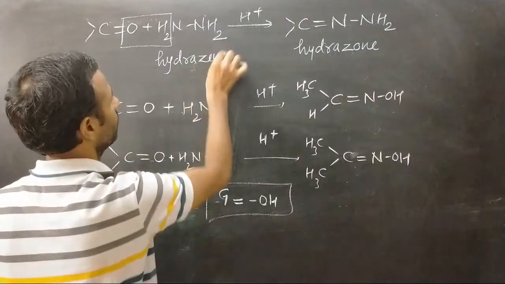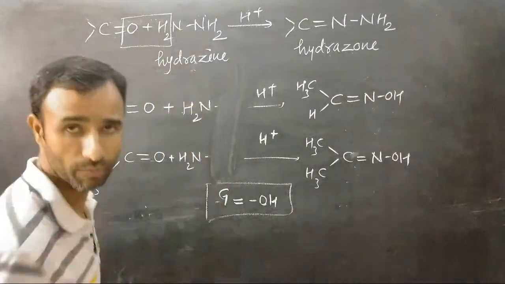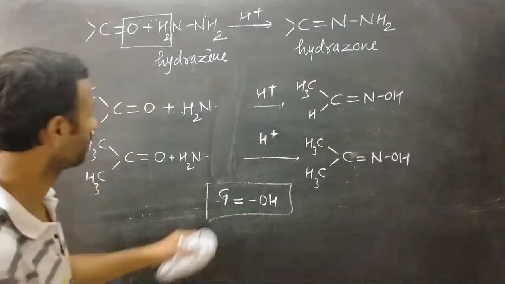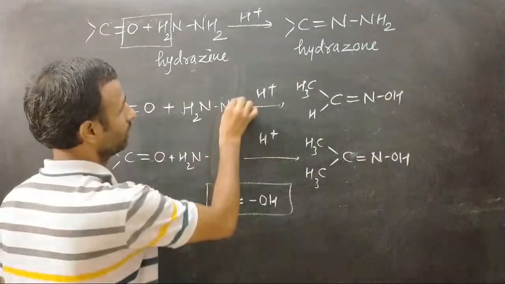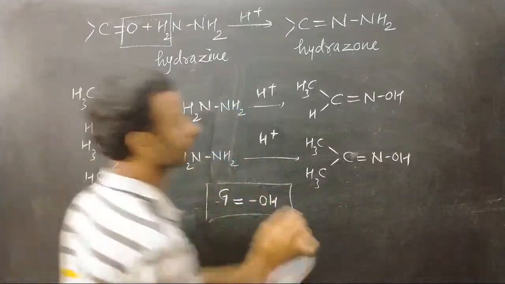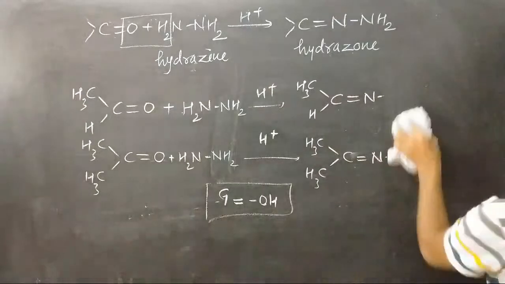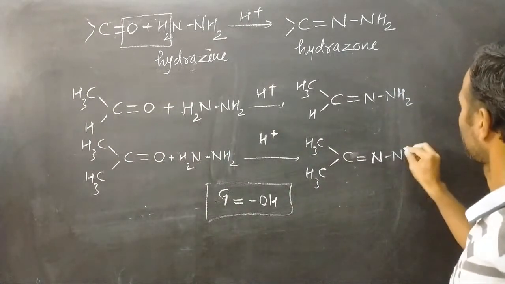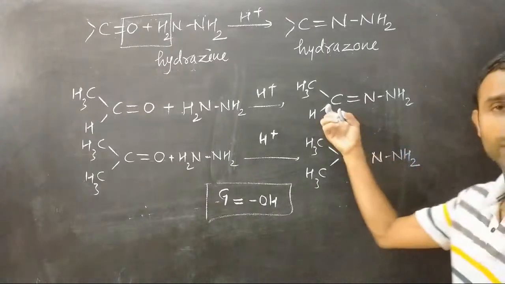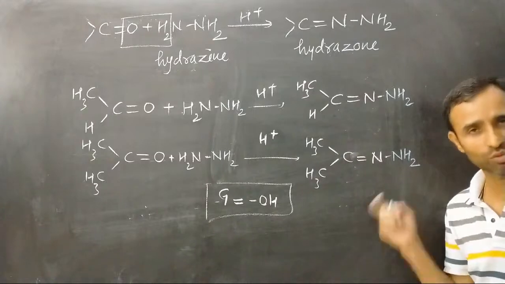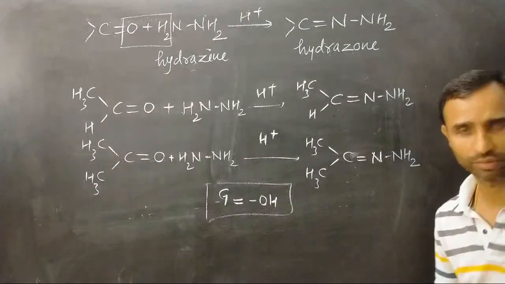When hydrazine reacts with a carbonyl compound, we get hydrazone. It is like this: NH2, NH2. So instead of OH, there is an attachment of NH2, right? So it is acetaldehyde hydrazone. This is acetone hydrazone. That's it.